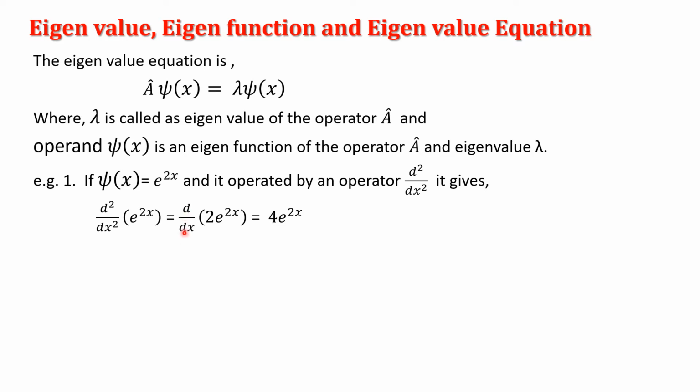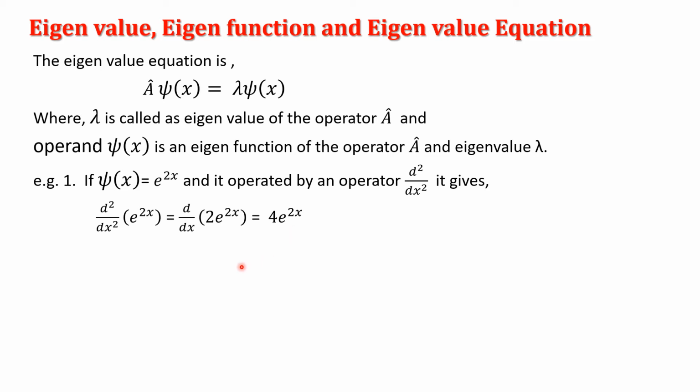We again differentiate the same term and we get 4 exponential 2x. Then it shows that when the operator d square by dx square operates on exponential 2x, the function remains as it is, it doesn't change.